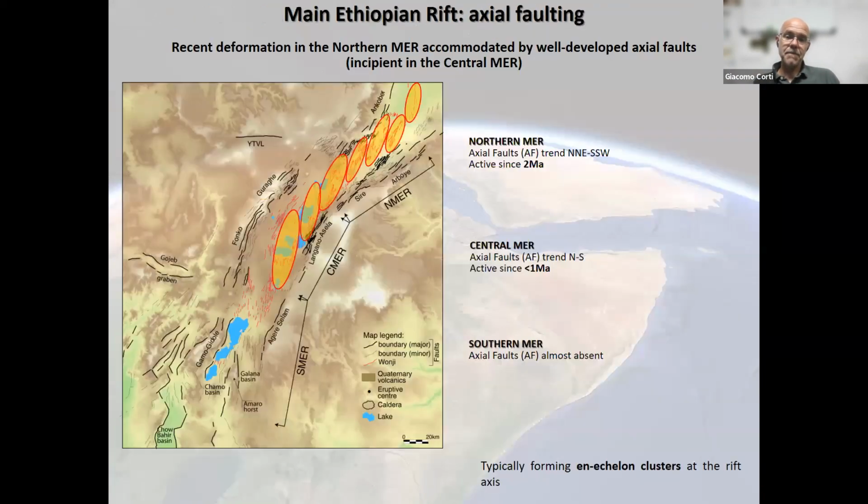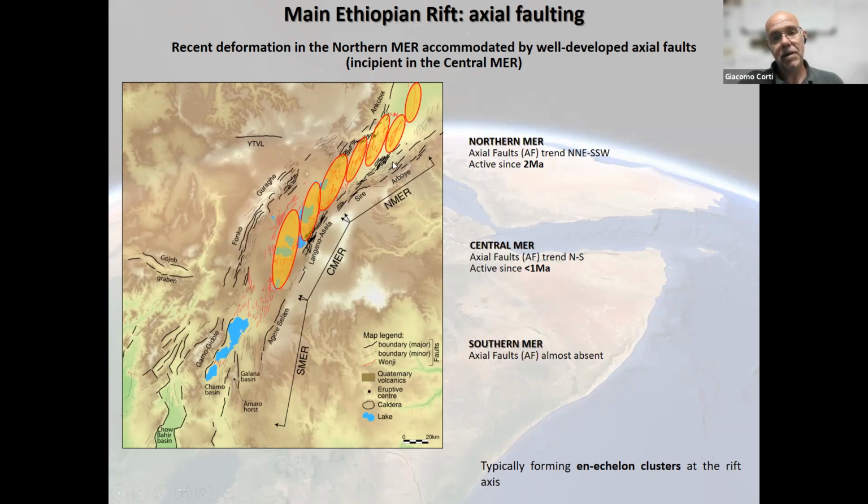So they are normally smaller with respect to the large boundary faults, and they have different characteristics. They typically form en echelon clusters of dense small faults at the rift axis, and they have a different orientation with respect to the large boundary faults.